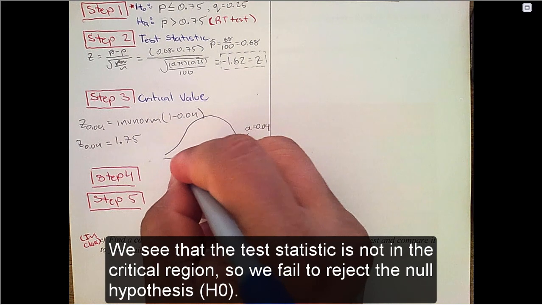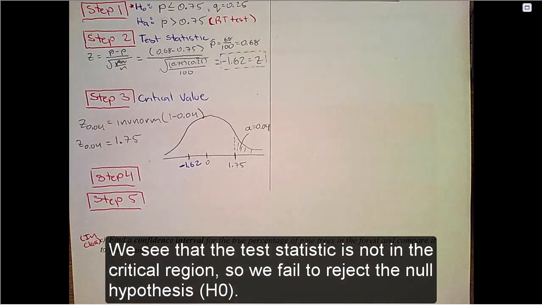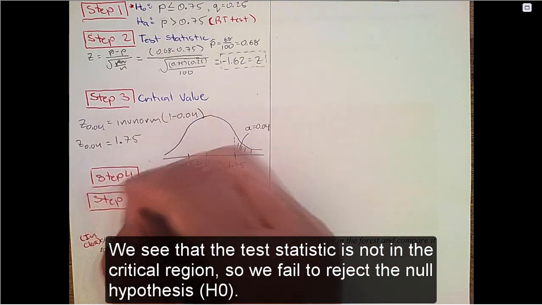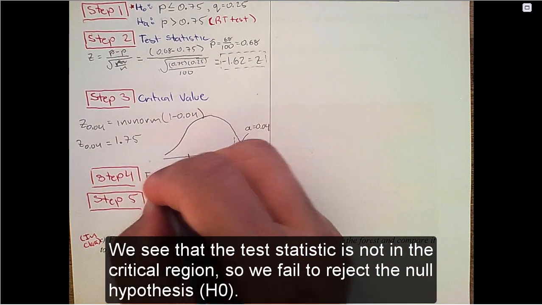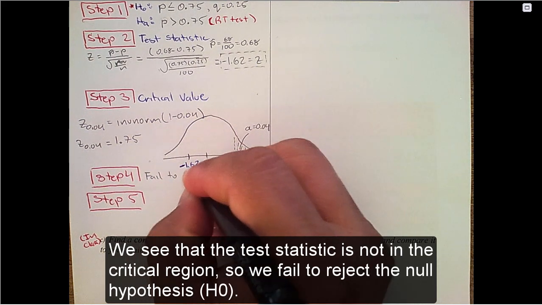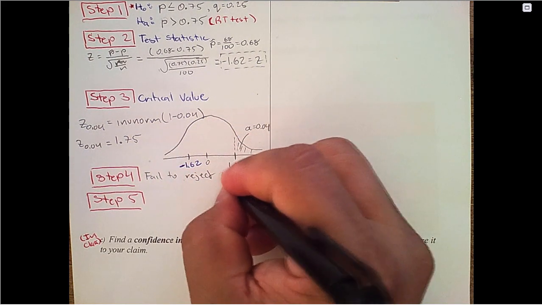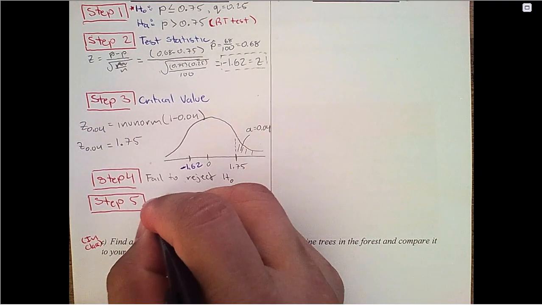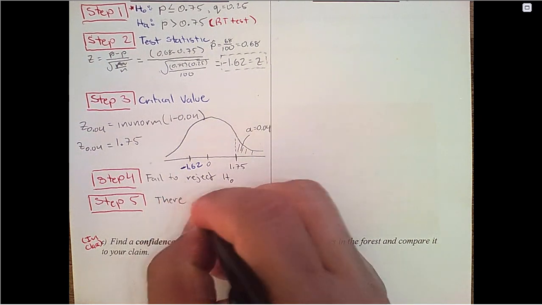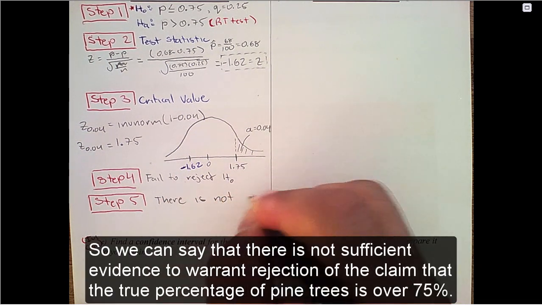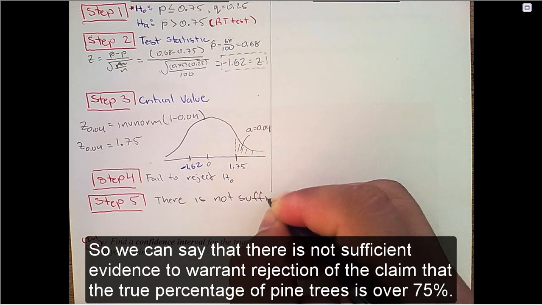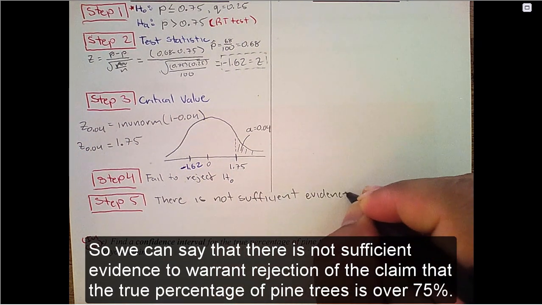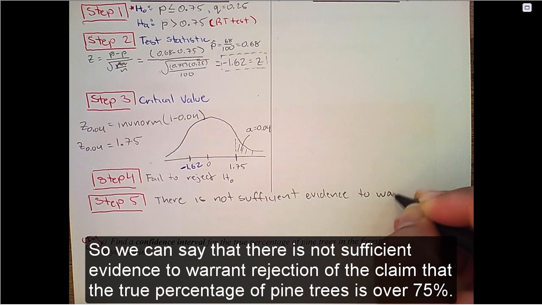We see that the test statistic is not in the critical region, so we fail to reject the null hypothesis. So we can say that there is not sufficient evidence to warrant rejection of the claim that the true percentage of pine trees is over 75%.